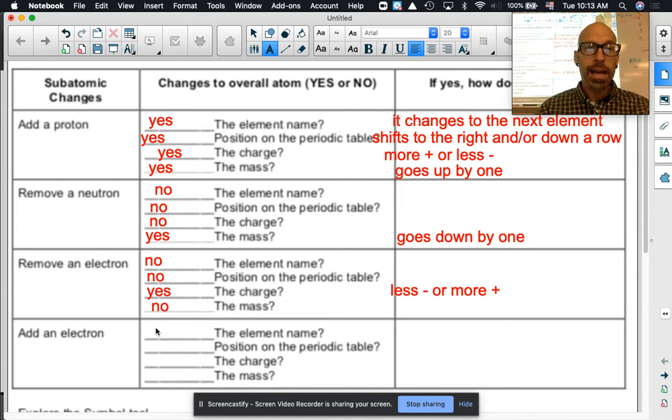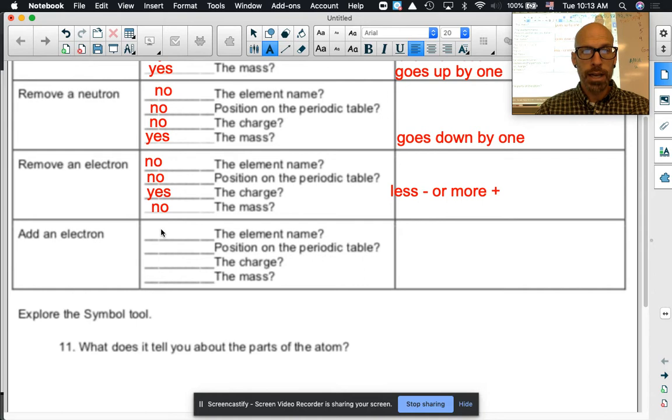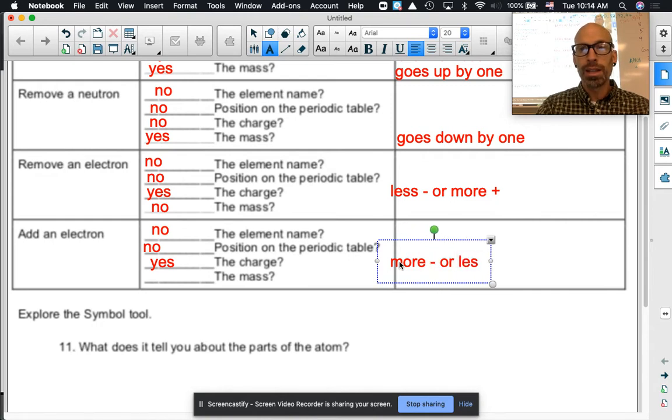All right, so now it's add an electron. If you add an electron, does the name change? Still no. Position change, still no. Does the charge change? Yes. How does the charge change? So now you're going to add an electron, so it could become more negative or less positive.